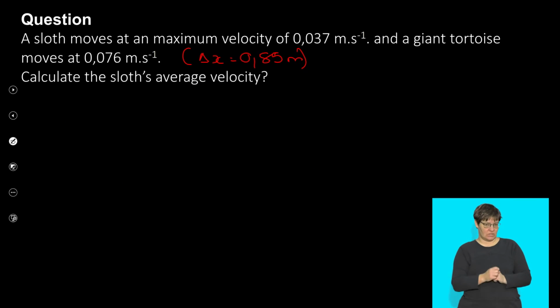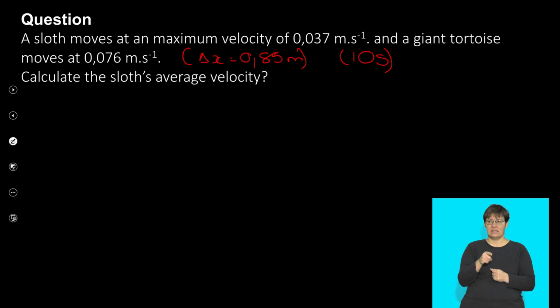A sloth moves a maximum, you know that, of 0,037 meters per second, and we were using a time of 10 seconds, so that's not going to have changed. But I just needed to add something to this, is that the sloth takes 0,85 meters for those 10 seconds, okay, to get to that maximum velocity.